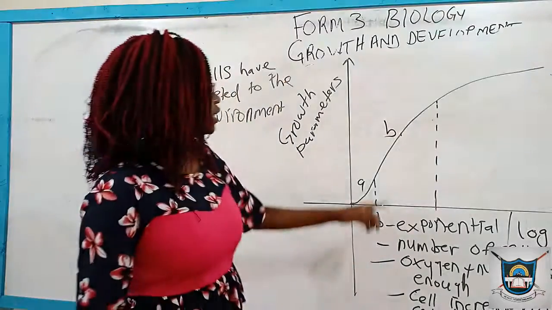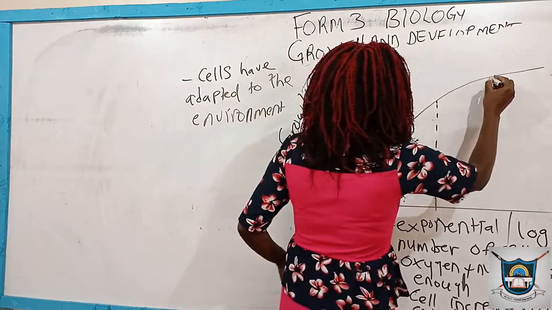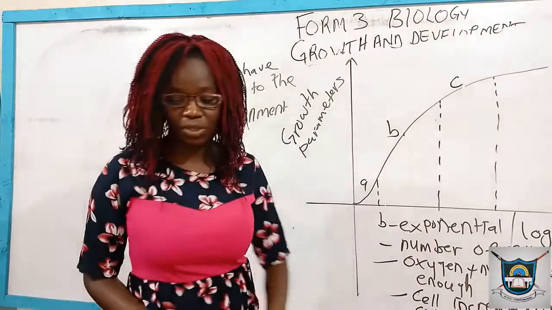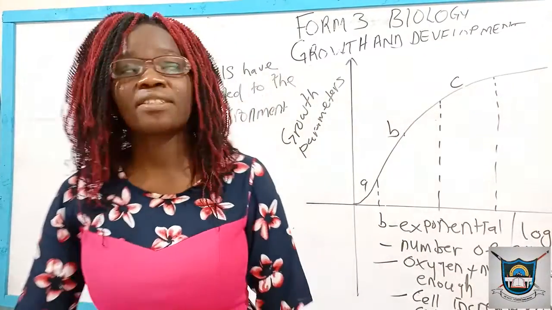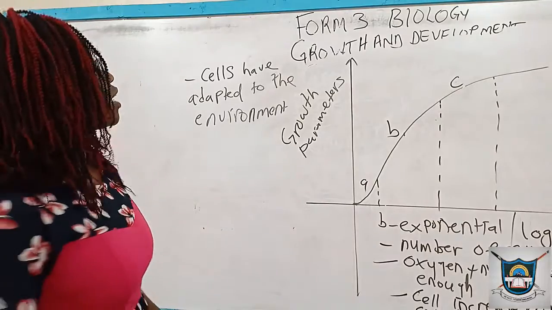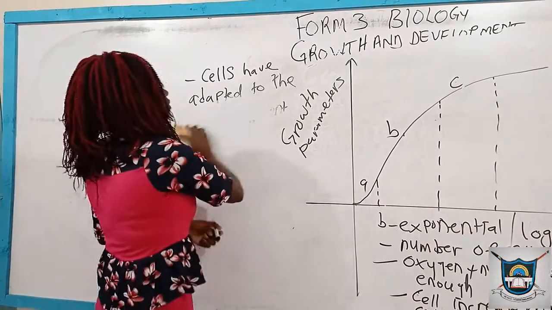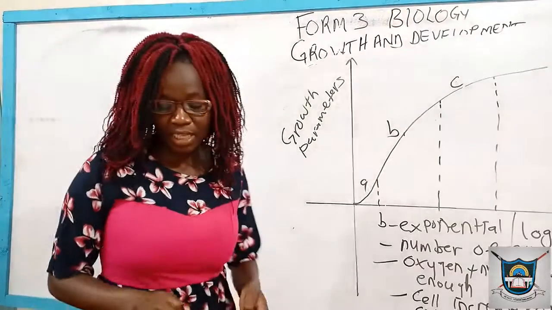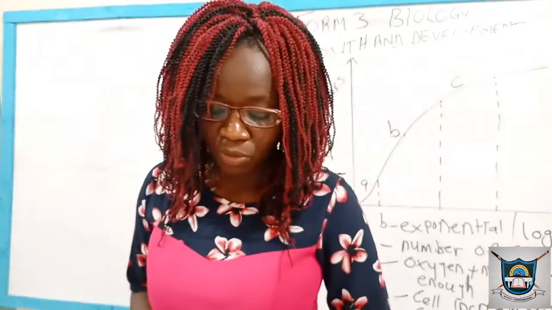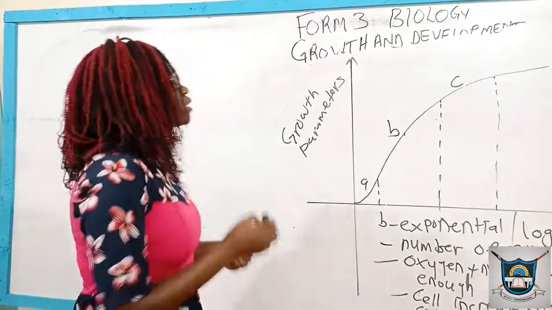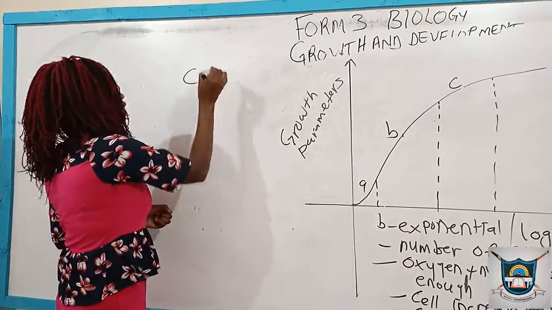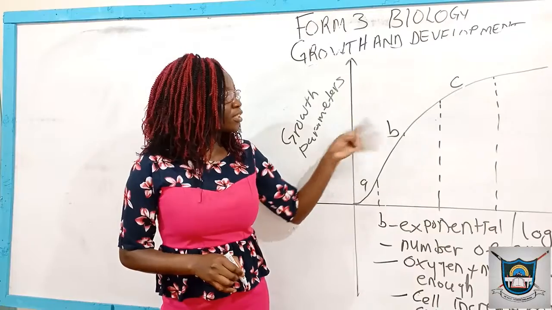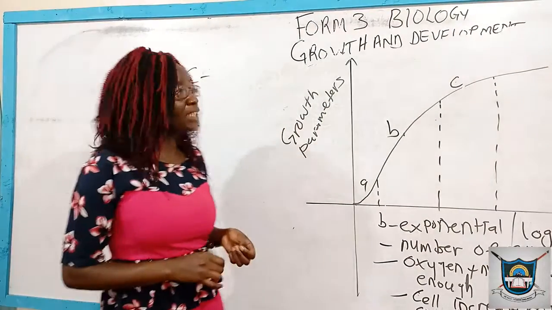Then the third phase is the decelerating phase. This is where the growth rate becomes very slow. Again, it starts decelerating. There might be causes of that deceleration of growth. These factors may include, maybe during the exponential phase, all the cells or most of the cells divide.